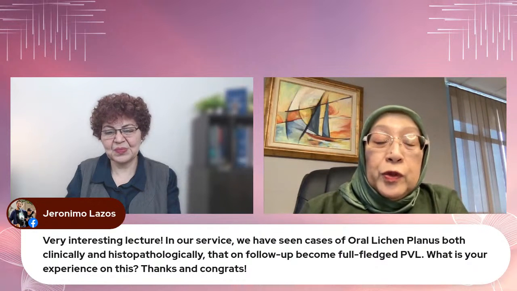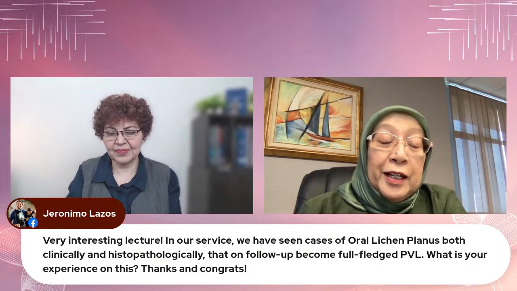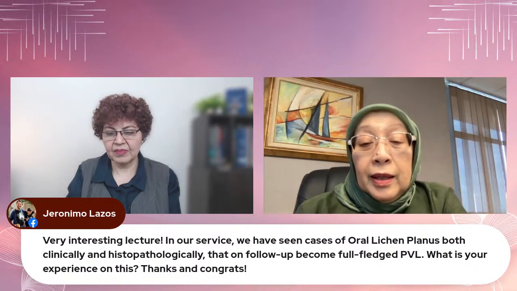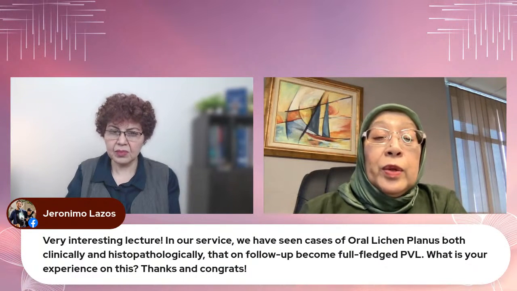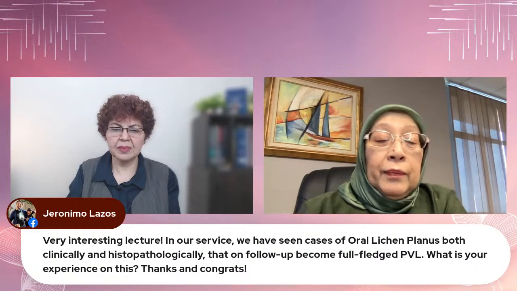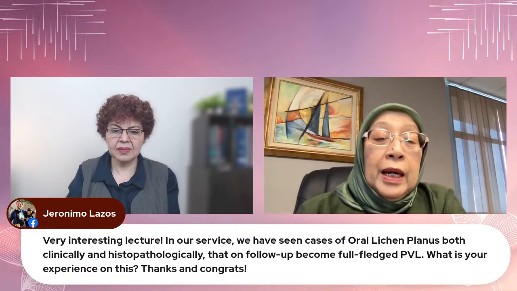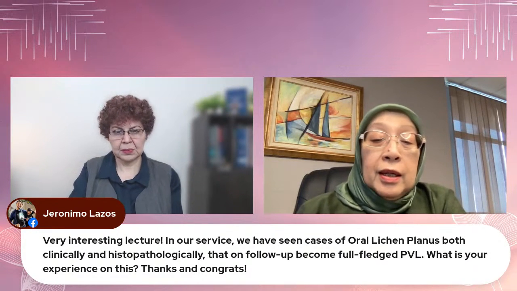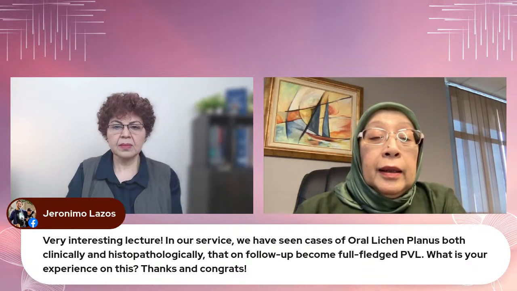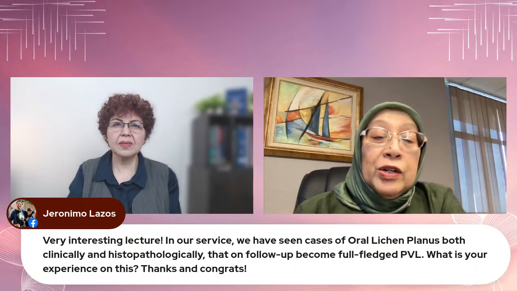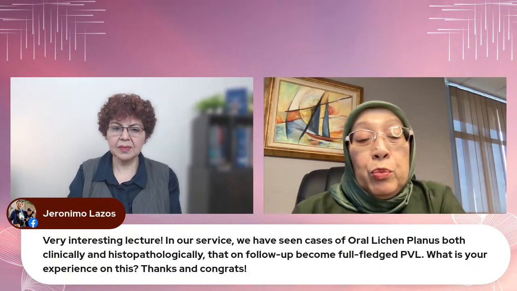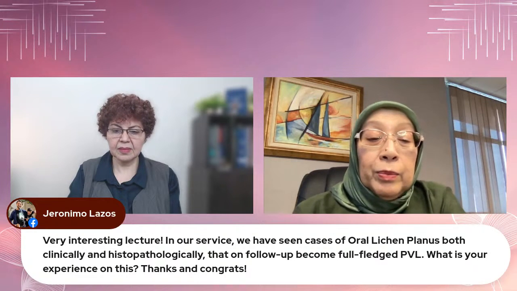I really have no experience on this, but I think I've seen publications that have this. Although in our cases, we do see striae and all that, we have actually not put it as lichen planus. And as you see, the histology does have the subbasal lymphocytic infiltration, which is one of the criteria for lichen planus.